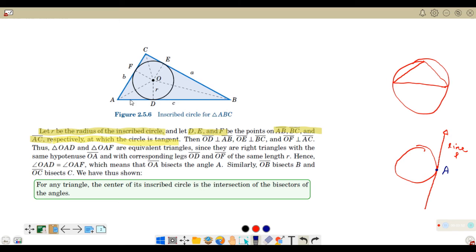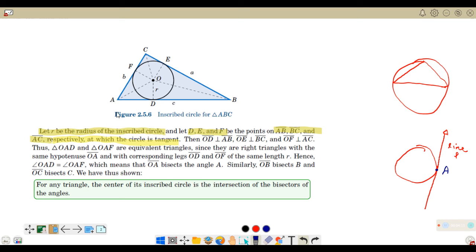It is perpendicular to side C or segment AB. Then OE, it is perpendicular to side A, which is BC. And finally, we have OF, it is perpendicular to side B, or segment AC.